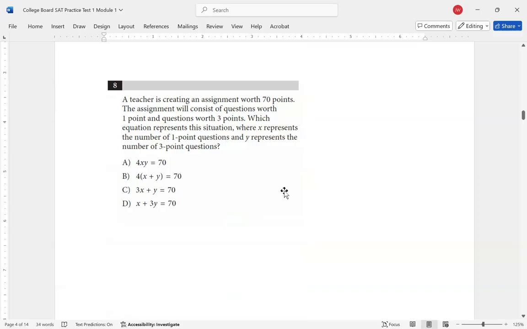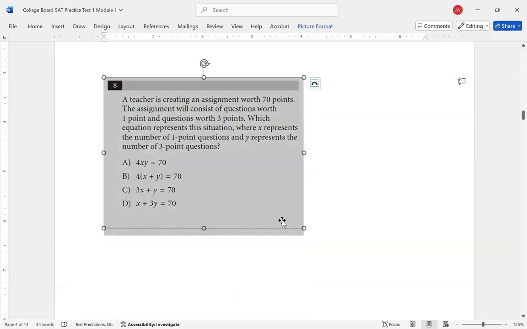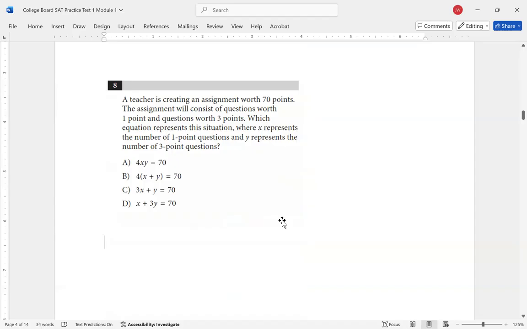Question 8 says a teacher is creating an assignment worth 70 points. The assignment will consist of questions worth 1 point and questions worth 3 points. Which equation represents the situation where x represents the number of 1-point questions and y represents the number of 3-point questions?